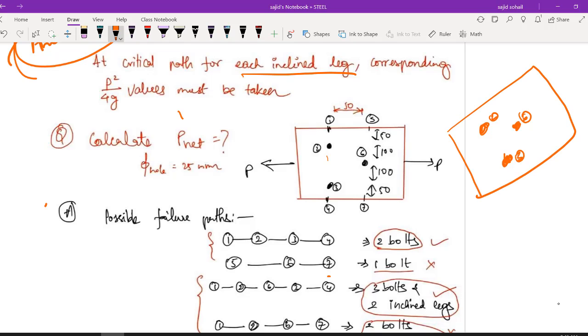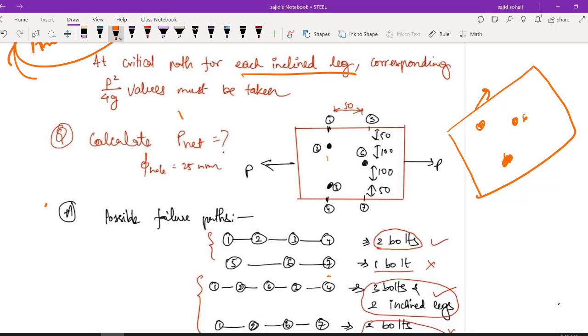Now let us consider my inclined length also. There are various possibilities along the inclined line also. First, the crack can start from this point and it can propagate like this, then like this, like this. Okay, two legs are being involved, ऐसे भी हो सकता है और ऐसे भी हो सकता है, only one leg being involved. It is up to you.